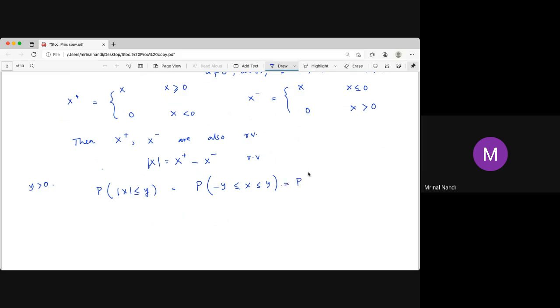This is nothing but probability of x less than or equal to y minus probability of x strictly less than minus y. Now what is this? This is the distribution function at y minus the distribution function at minus y plus one more extra thing, the probability of x equal to minus y. So this is the distribution function.